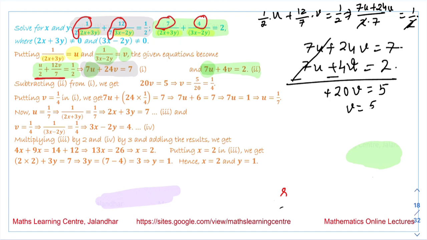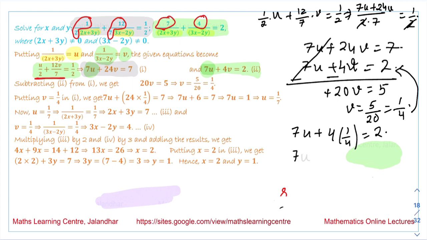So the value of v we get is 5 by 20, that is 1 by 4. If we substitute this value in the second equation, we get 7u plus 4 into 1 by 4 is equal to 2. So 7u is equal to 1. We get the value of u is equal to 1 by 7.